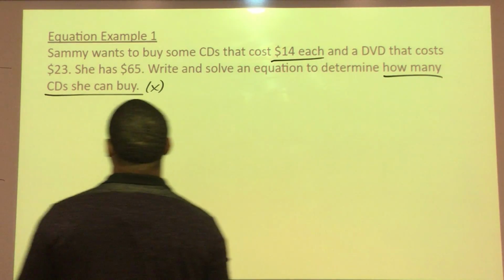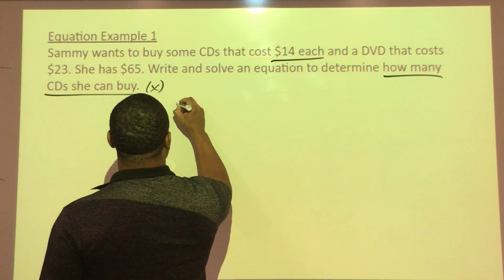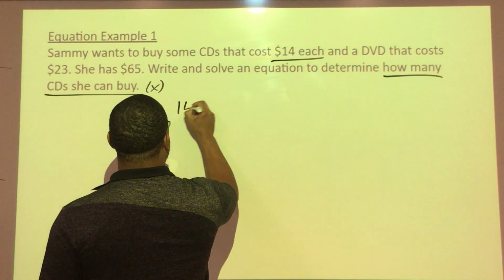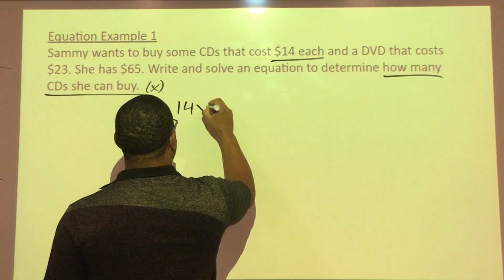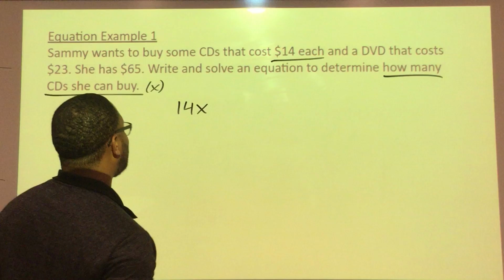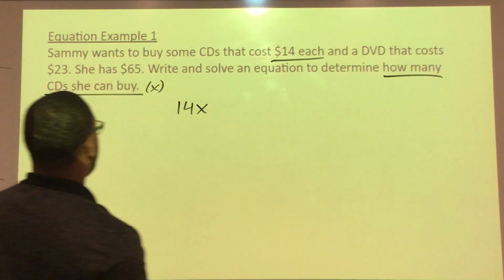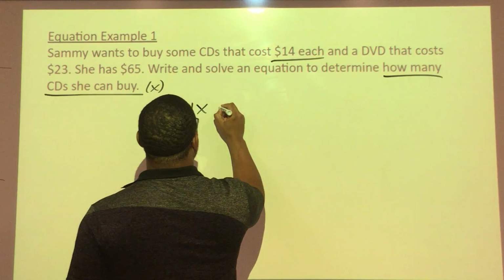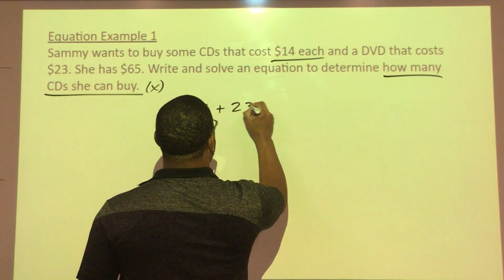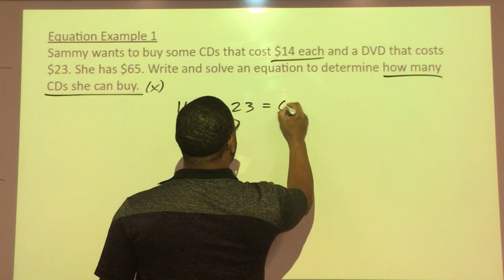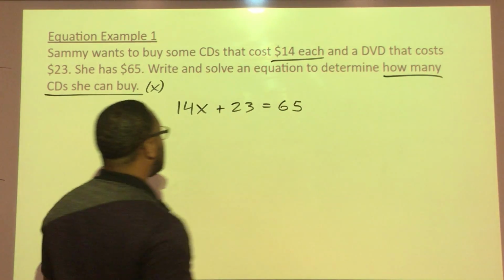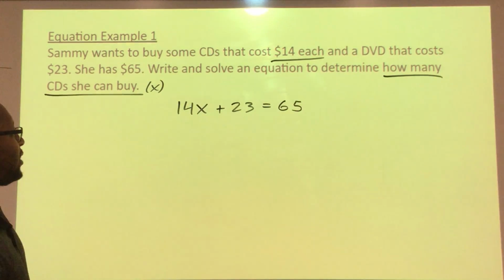And that is a very important piece of information. So this equation will start this way: $14 per an unknown amount of CDs. And what else does Sammy want to buy? Well, she also wants to buy a DVD that costs $23, and she has a total of $65. So that is the equation.